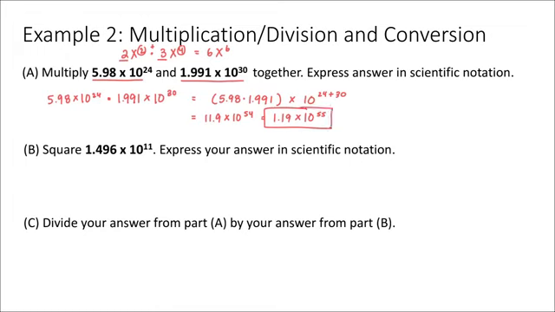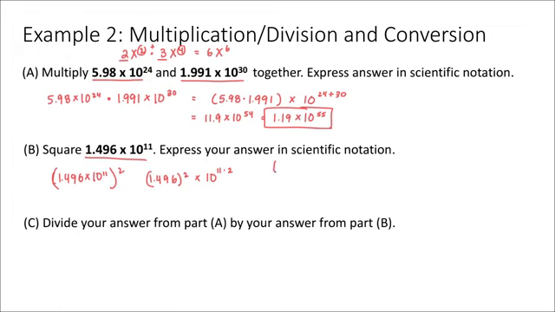All right, now let's square 1.496 times 10 to the power of 11. Squaring that is the same thing as saying all of this to the power of 2, or this multiplied by itself. I can square numbers in scientific notation the same way I square variables with exponents. I can square 1.496 and multiply that by 10 to the power of 11 times 2, since an exponent raised to an exponent means multiplying.